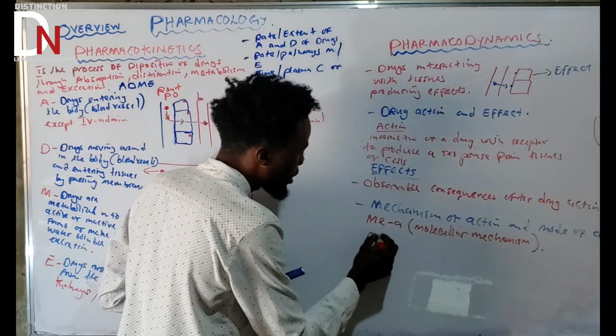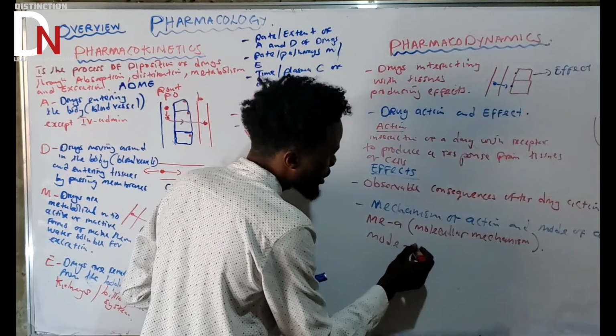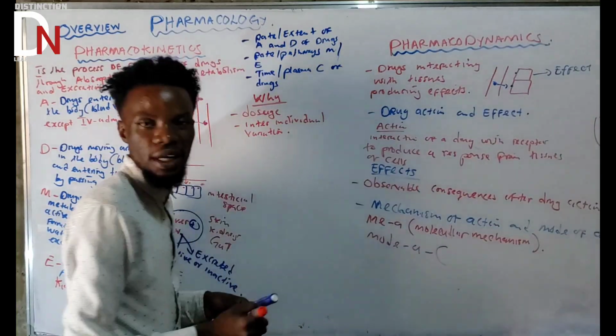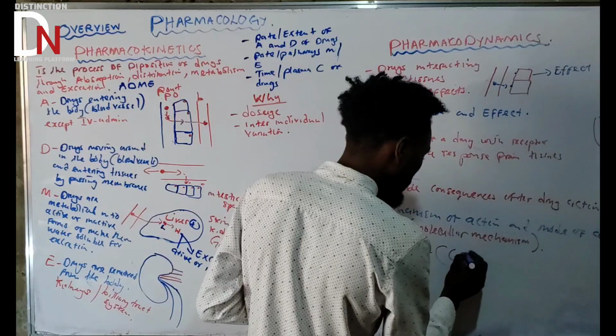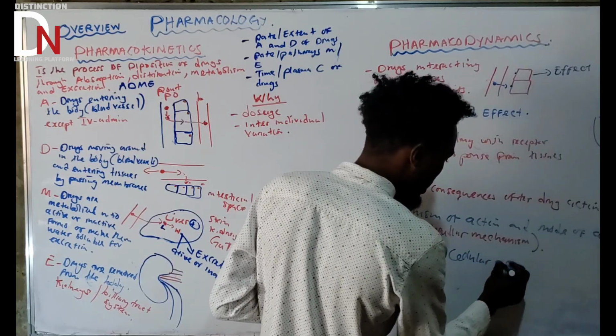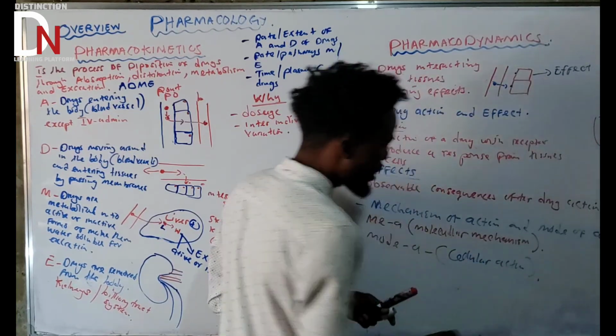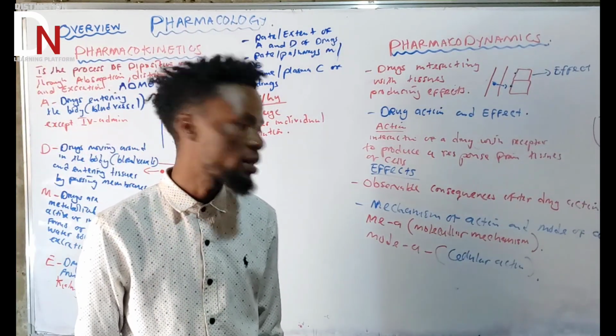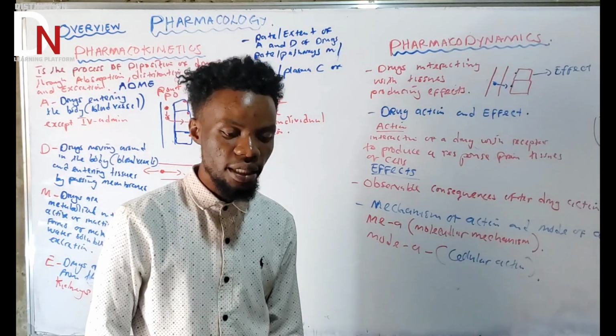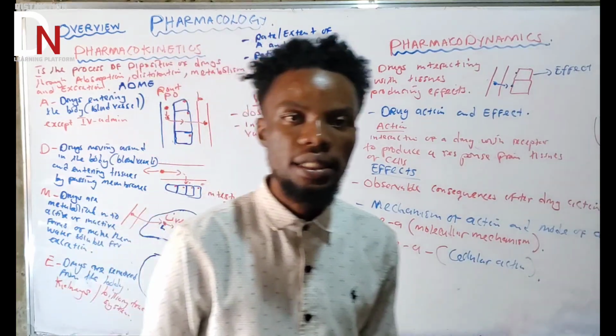The mode of action is very simple. They are just talking about cellular action. Mechanism of action, which is molecular action, and mode of action, which is cellular action, are two different things. Cellular action is basically them telling you to say what happens.